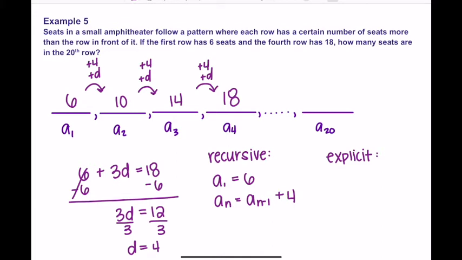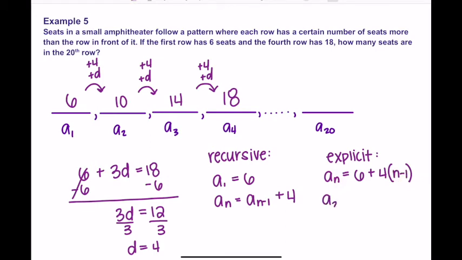So what we can say is that for any row, you start with 6 and you add the common difference of 4 n minus 1 times. So if we're looking for row 20, we would do this 19 times.